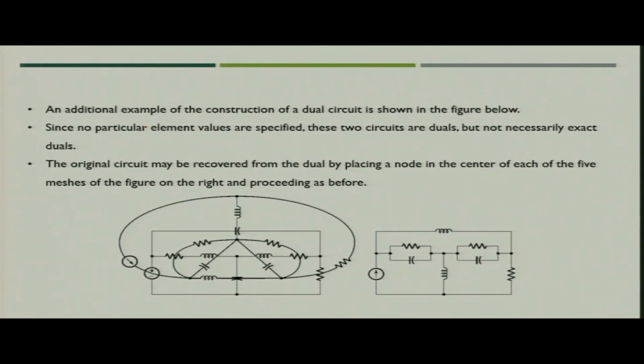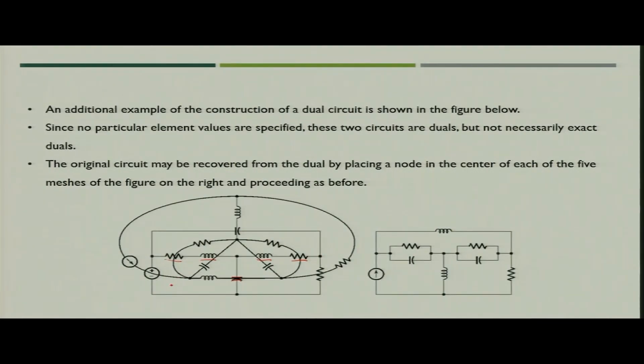Let us say that we have a circuit given in the figure, where resistance and inductance are connected in series, and we have one capacitance, one resistance and one capacitance between these two nodes.